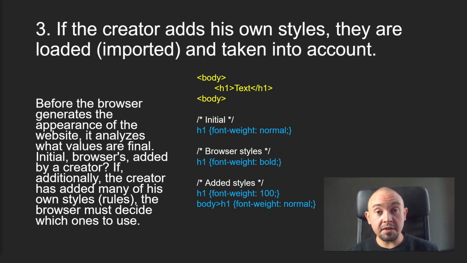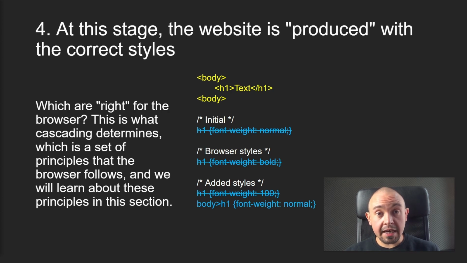What we can see in this example, the browser will take the initial styles into account, then override them with its own styles, and then override its own styles with the website creator's styles. This is exactly what it will look like. The initial styles will be crossed out as the browser styles are more important. The browser styles will be crossed out as our own styles are even more important.